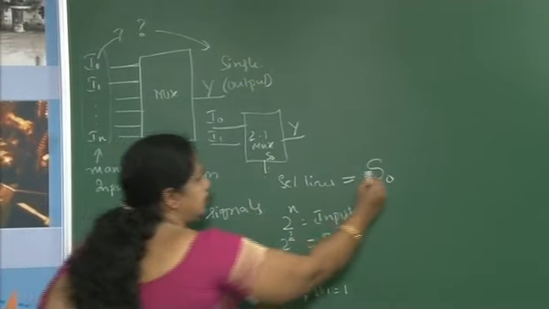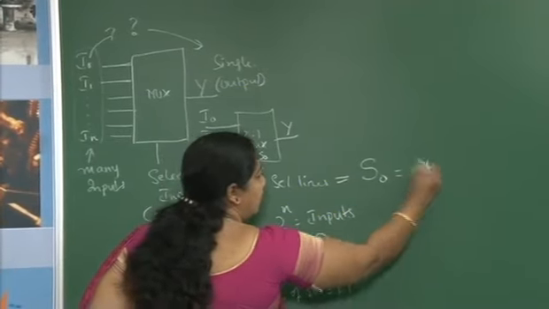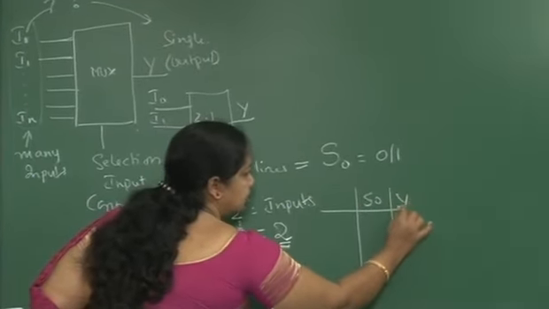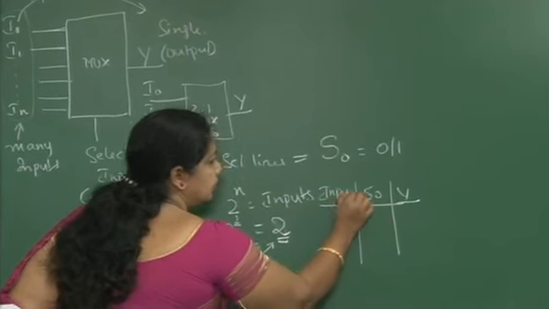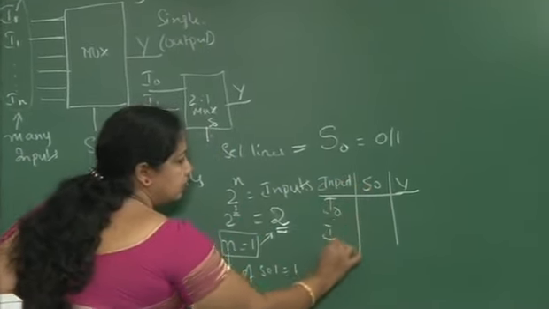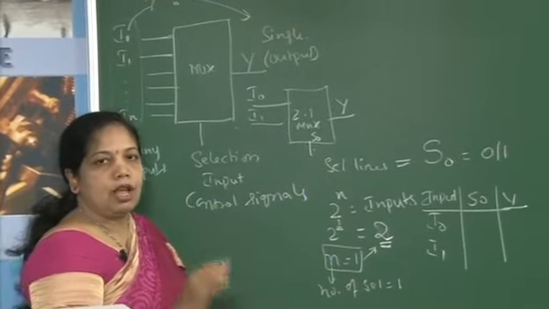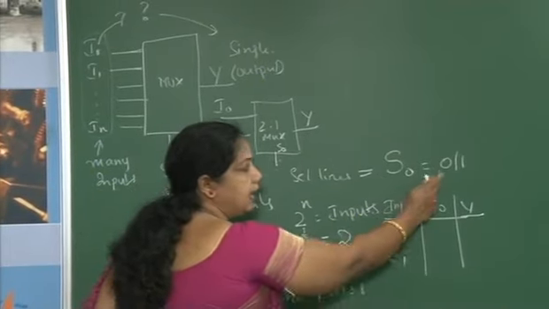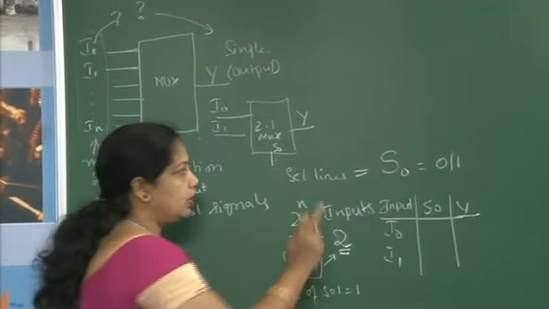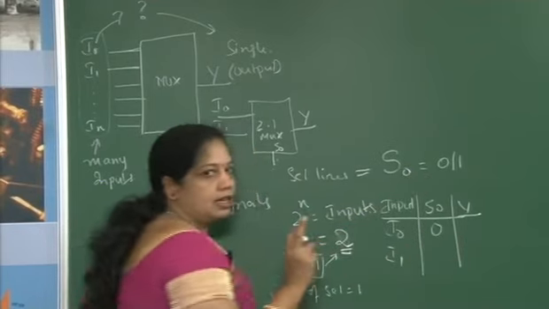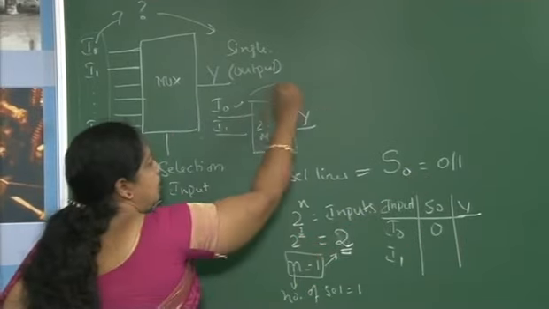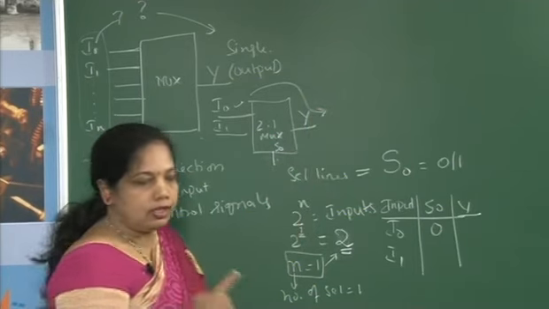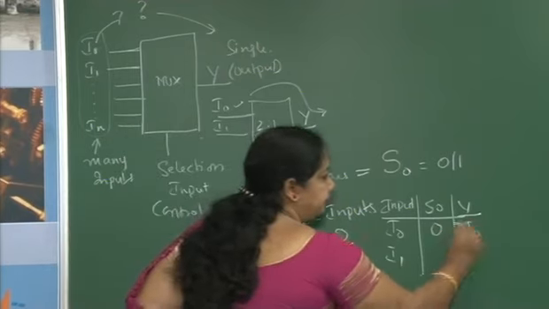Now my S0 can be 0 or 1. I have 2 inputs, I0 and I1, and 1 selection line, which can be either 0 or 1. If my selection line is 0, then I0 will be directed at the output side, so my output will be I0.